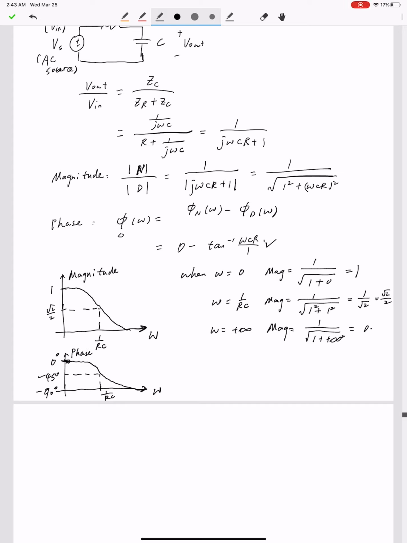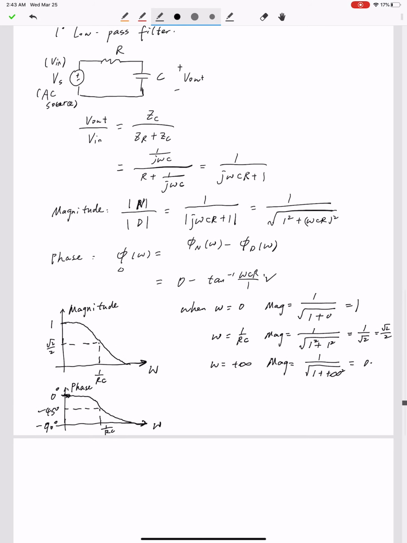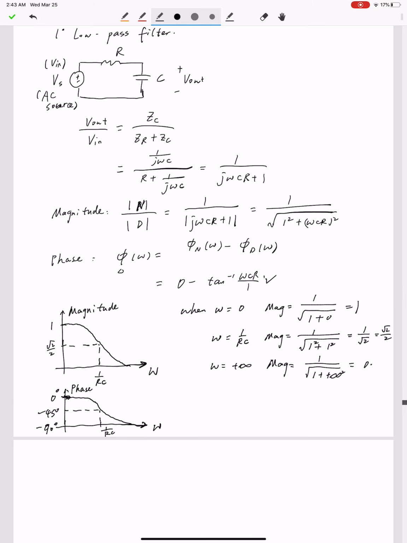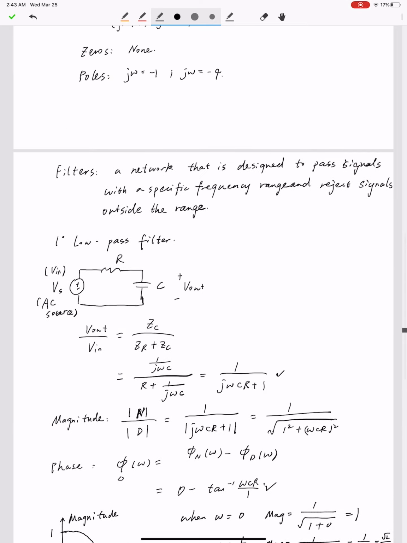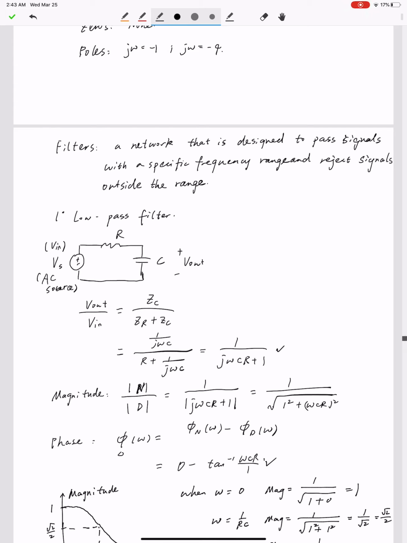Alright, so why can we call this circuit, or this transfer function, a low-pass filter? Here we need to go back to the definition of filters. A filter is defined as a network that is designed to pass signals within a specific frequency range and reject signals outside of the range.